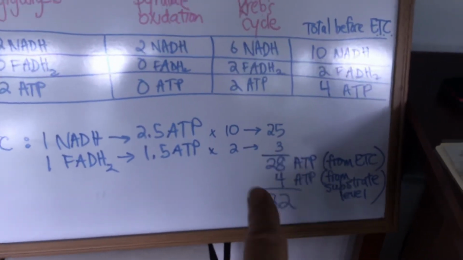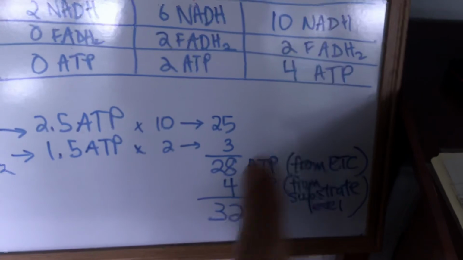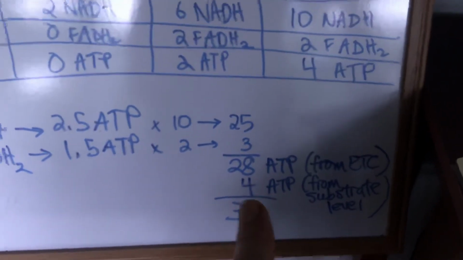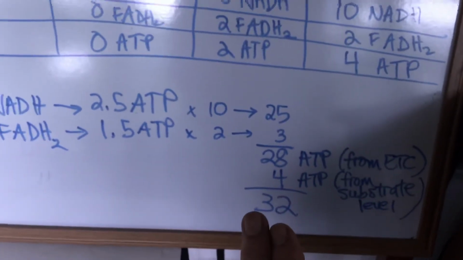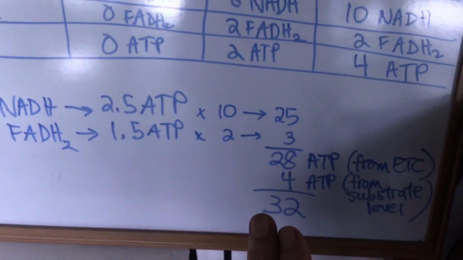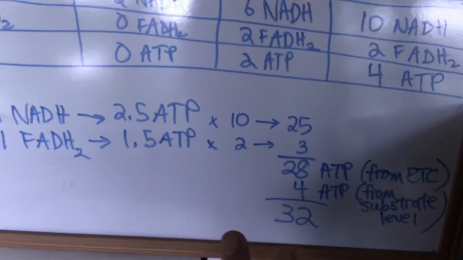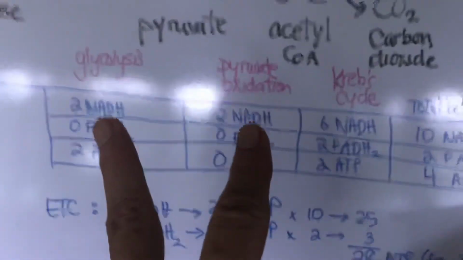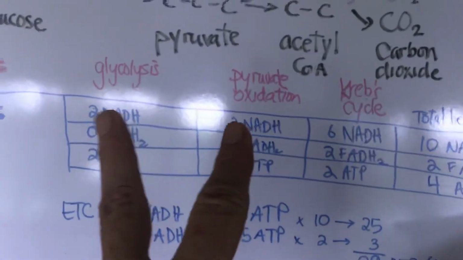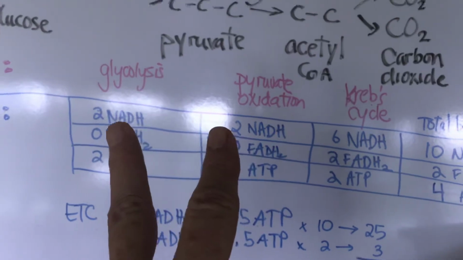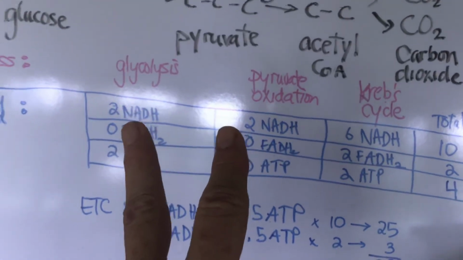So I'm going to get 28 ATP straight from the electron transport chain. And then I'm going to have those 4 substrate level ATP that are going to give me a total of 32, usually described as a range from 30 to 32. The range has to do with the fact that these NADHs have to be transported via a shuttle system across the membrane into the matrix.